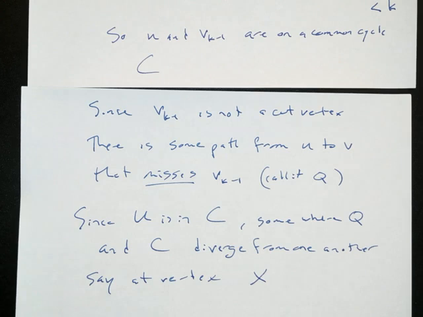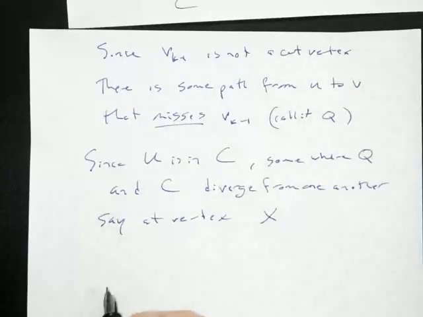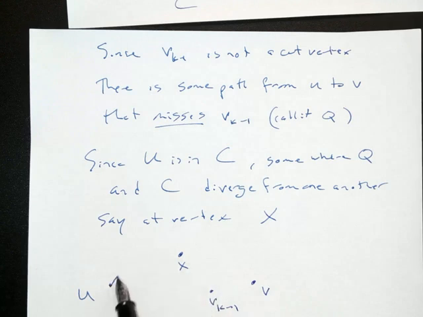A picture should help. Let me draw a picture. U and Vk minus 1 are on a cycle.